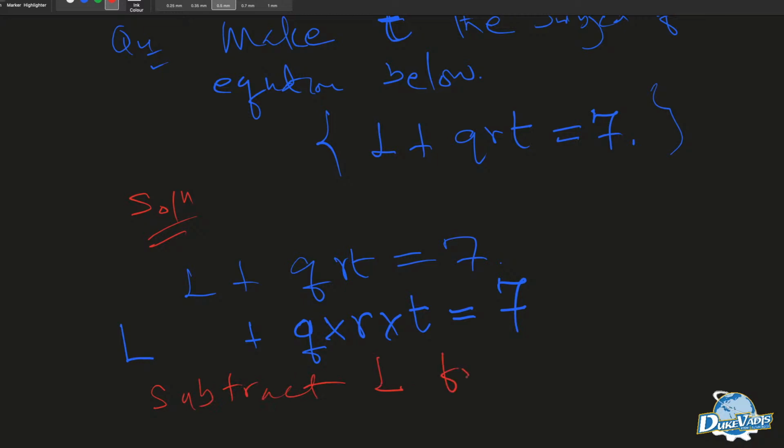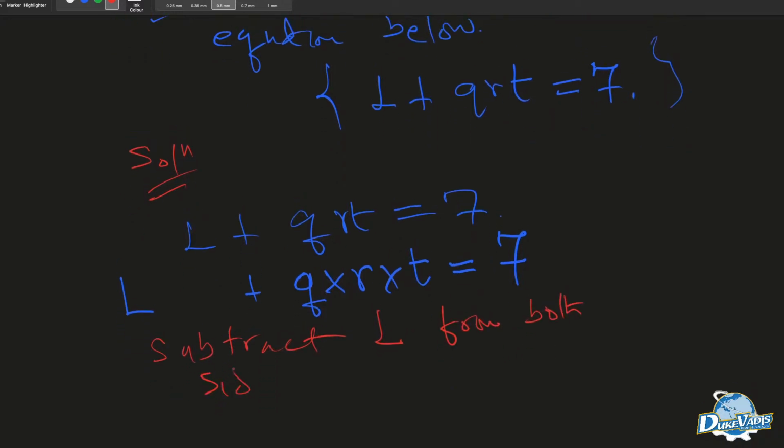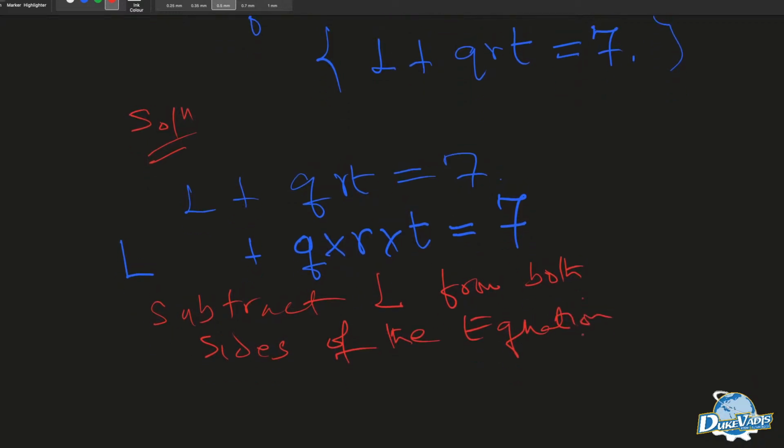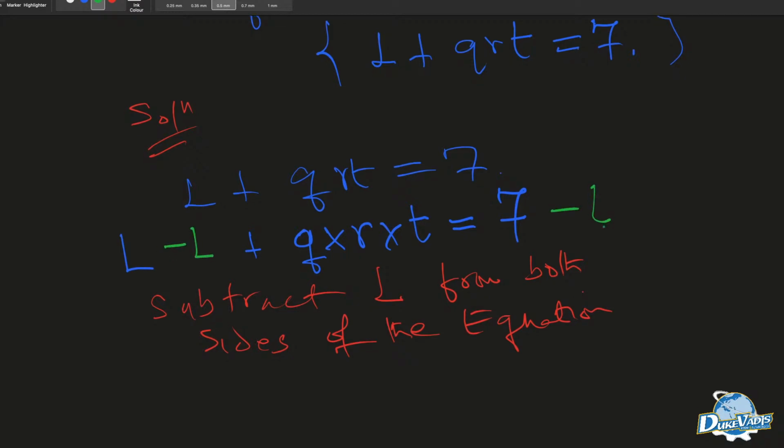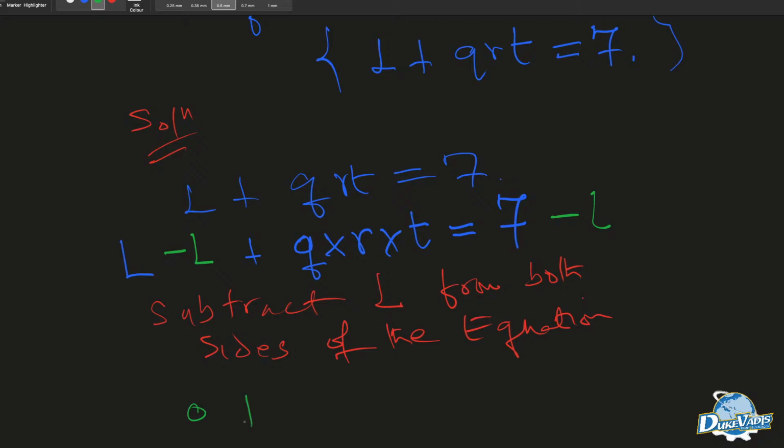Subtract L from both sides of the equation. So we subtract L from here and L from here. So L minus L will be 0 plus QRT, which is equal to 7 minus L.